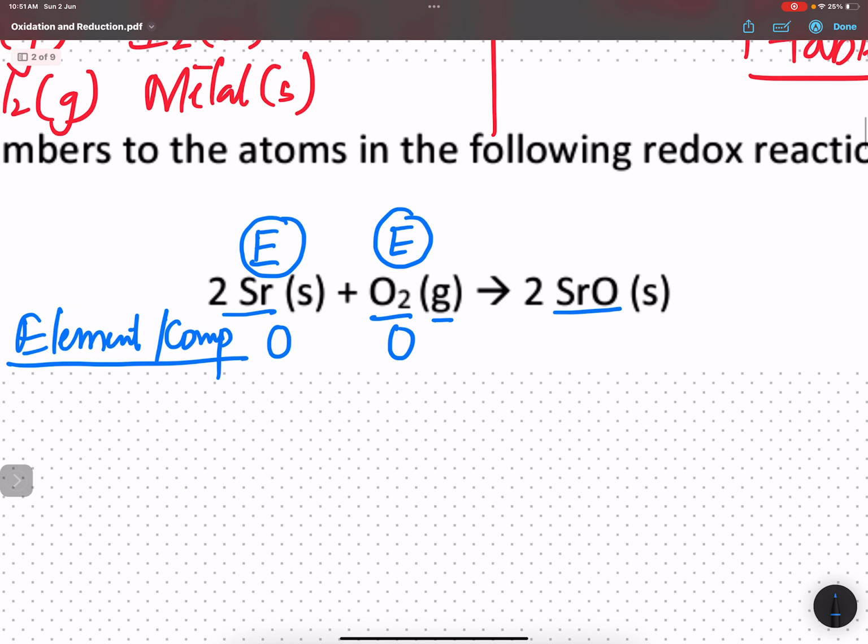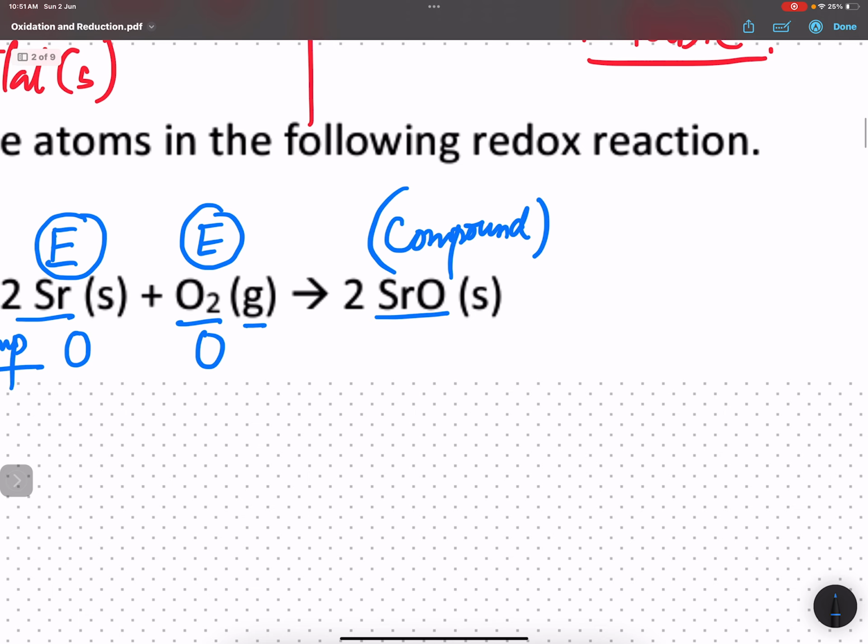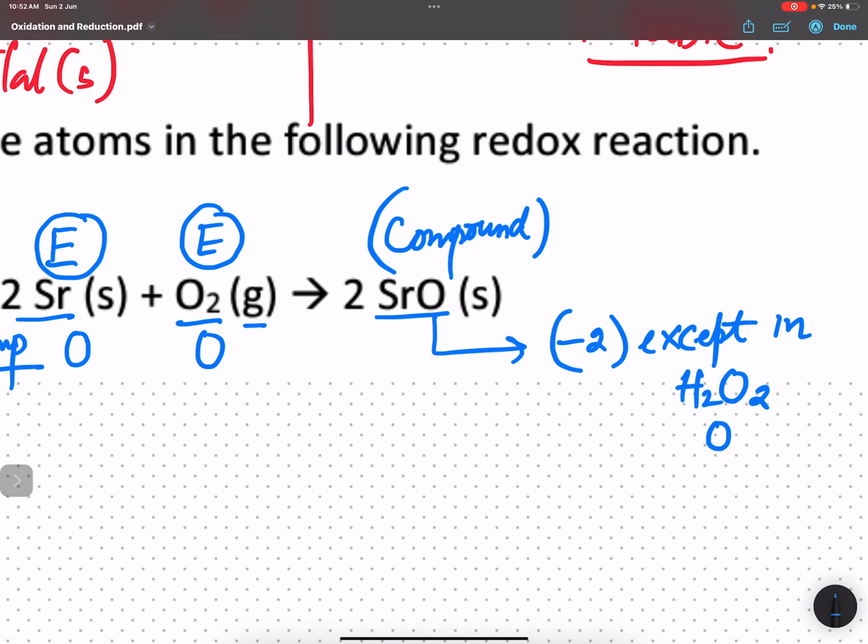Now this is a compound. When you have a compound, you need to find out the oxidation number. Just remember, oxygen has a fixed oxidation number, which is -2, except in H2O2, where the oxidation number is -1. That's an exception. So strontium is assumed to be X plus -2.